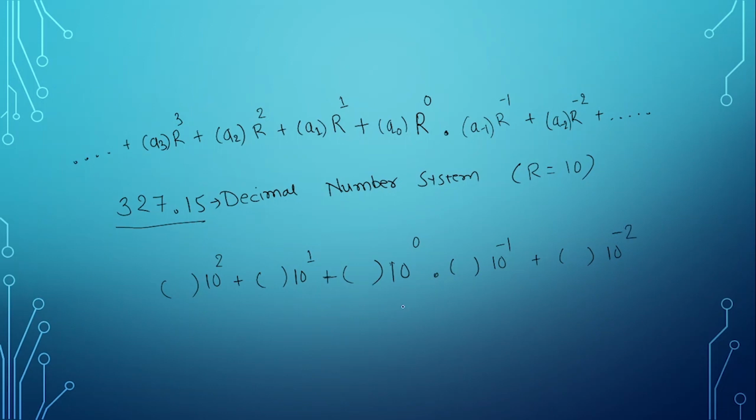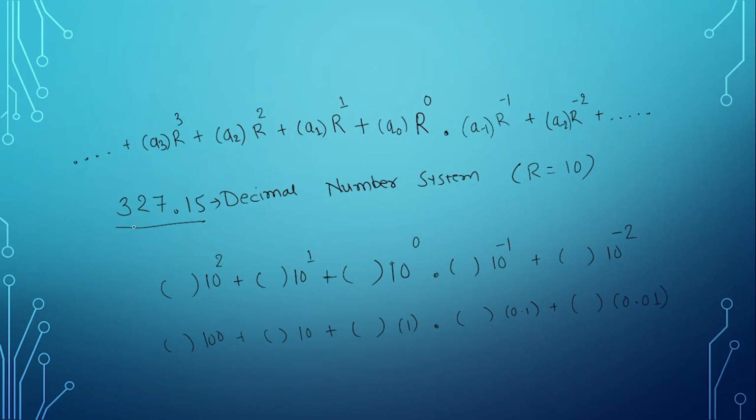Now 10 raised to 0 is nothing but 1, plus 10 raised to 1 is 10, plus 10 raised to 2 is 100. Decimal point, 10 raised to minus 1 is 0.1, plus 10 raised to minus 2 is 0.01.